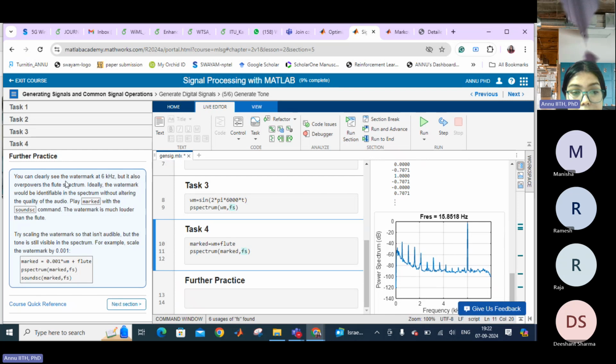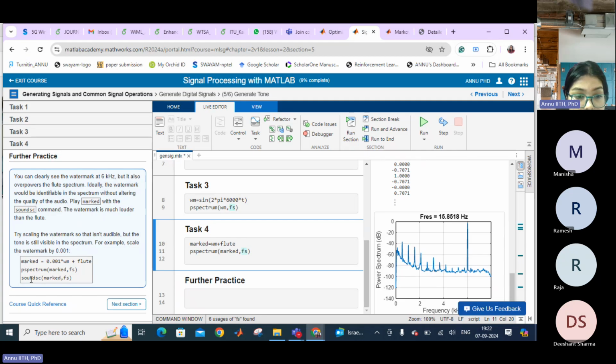Now you can clearly see the watermark at 6 kilohertz, but it also overpowers the flute spectrum. Ideally, the watermark would be identifiable in the spectrum without altering the quality of the audio. Play marked with the sound function, and the watermark is much louder than the flute. Try scaling the watermark so that it is audible, but the tone is still visible in the spectrum.